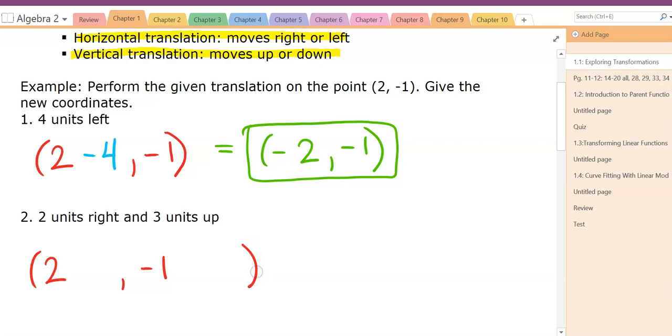We're going to have to either add or subtract to both of these. 2 units to the right would be going towards the positive side, so you're going to add 2. And 3 units up, what do you think? If I'm going up, am I going to add 3 or subtract 3? Good, add 3. So we are going to have 2 plus 2, and then -1 plus 3. That's going to be (4, 2).